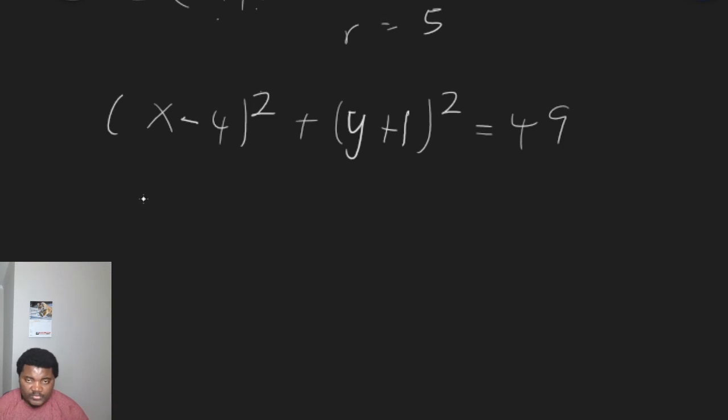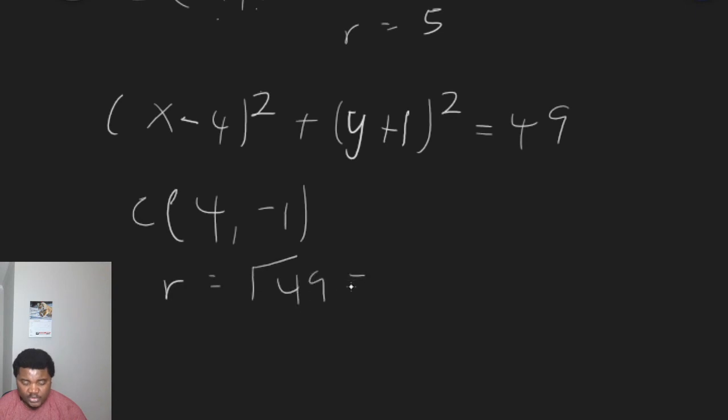So if you come this way, your center is going to give you 4 and then negative 1. The opposite of this, 4, and then the opposite of this, negative 1. And then my radius is going to give me the square root of 49, which is 7. So that is the simplest way of finding the center and radius of a circle when you are given the equation.